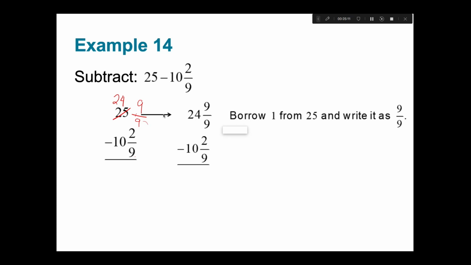So what is 9 take away 2? 7. So I end up with 7/9. And then I have 24 take away 10, 14. So 14 and 7/9 becomes my answer.